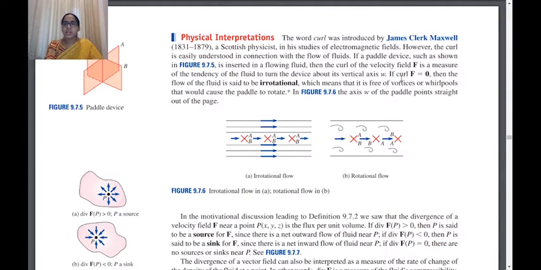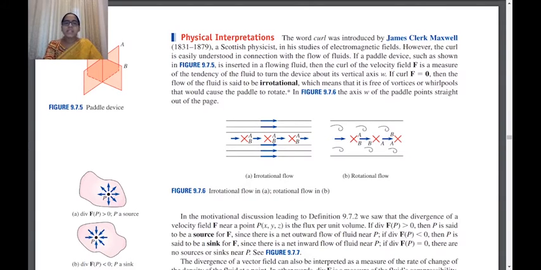If curl F is 0, then we say that the flow of fluid is irrotational. That is, there are no whirlpools or anything which would cause the paddle to rotate. So there is a free flow of the fluid through that network.